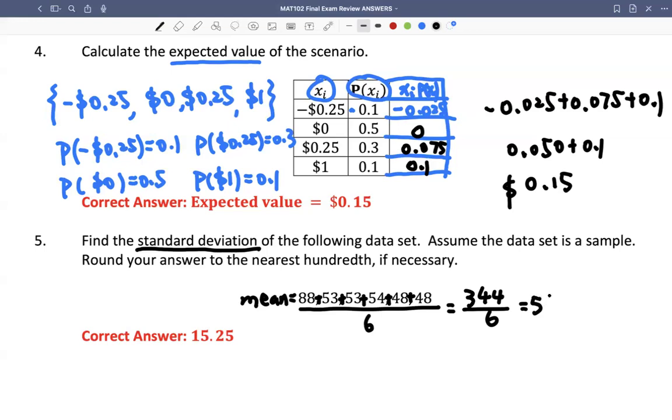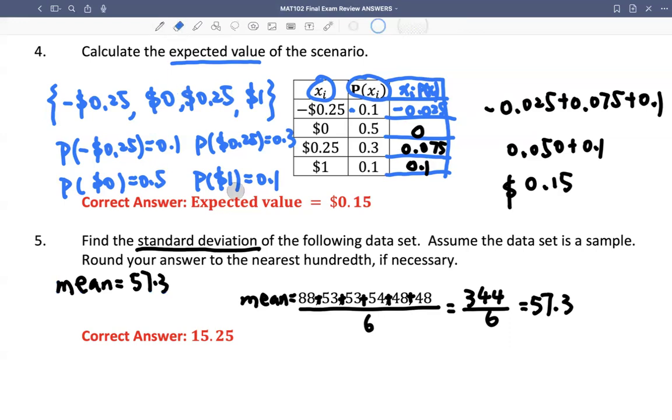So we just leave one decimal place, which is one more decimal place than the original values when we calculate standard deviation. So the mean is 57.3. Let's write down mean equals 57.3.